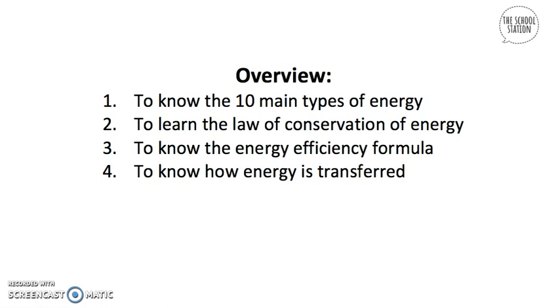So, electrical energy, if you put 100 joules in, it's always going to come out as 100 joules, maybe 60 joules of thermal energy and 40 joules of light energy. It will always come out as 100 joules if you put 100 joules in. We also learned the energy efficiency formula, which is useful energy out divided by the total energy in.